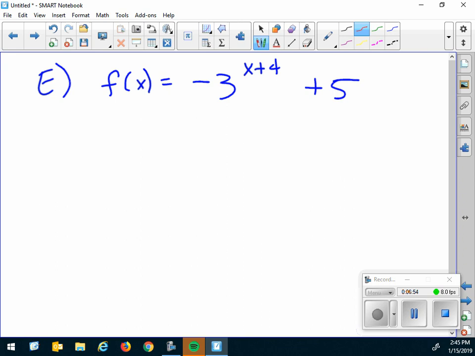Because if I want to reflect that, I would take the opposite of that, and the opposite of a negative is a positive. So we know it's going to be just the 3, because we have to take the opposite to reflect it over the x-axis.